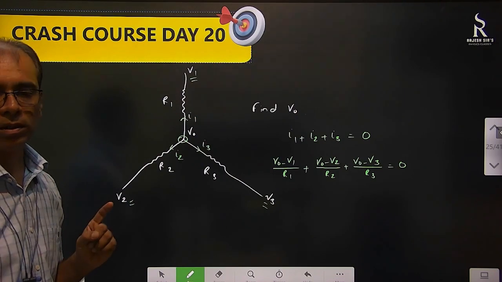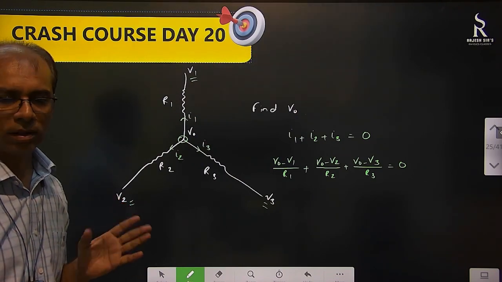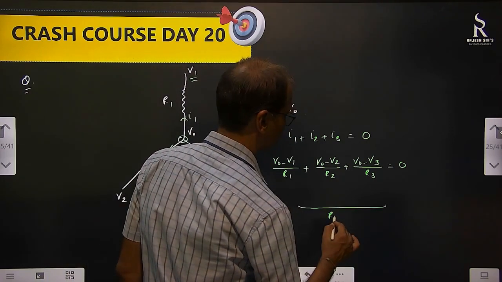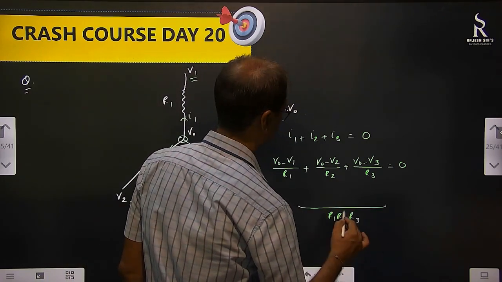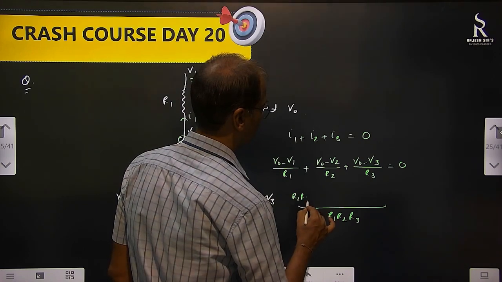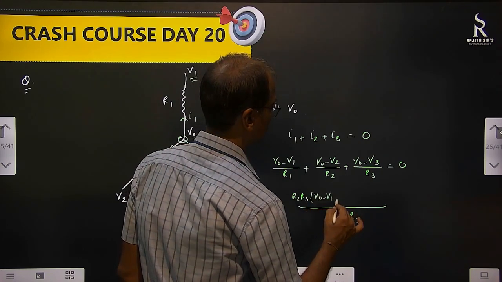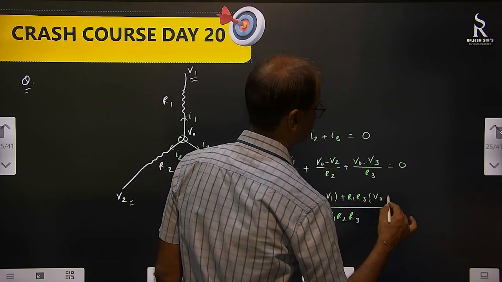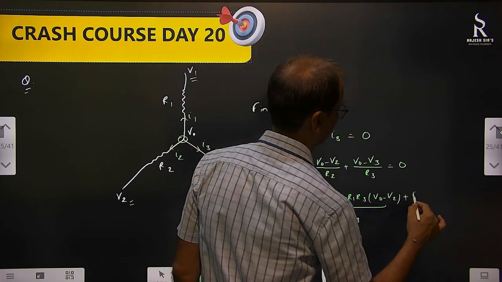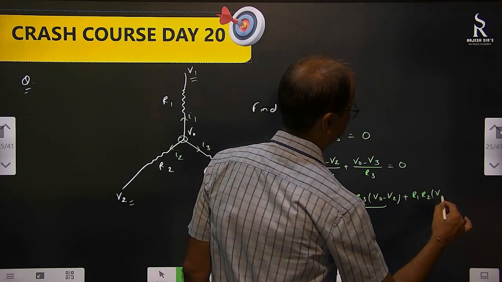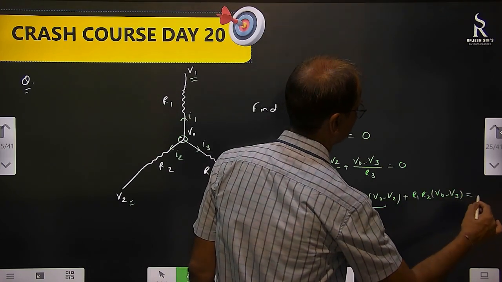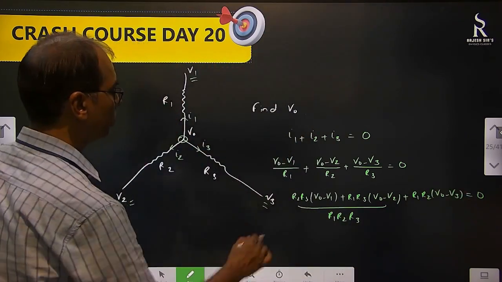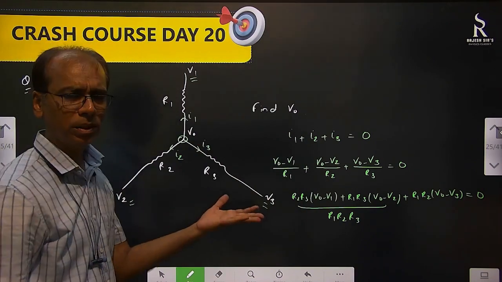Only one unknown is there in this, V naught. Can you find it? Yes, obviously, why not? So taking the LCM of R1, R2, R3: R2 R3 into V naught minus V1, plus R1 R3 into V naught minus V2, plus R1 R2 into V naught minus V3, equal to 0. So this denominator goes to that side and becomes 0. Now it's simple solving.